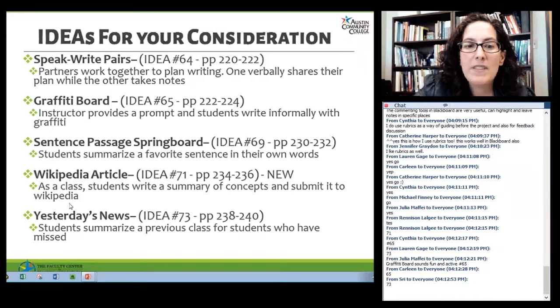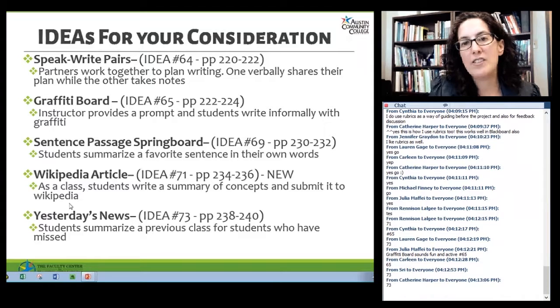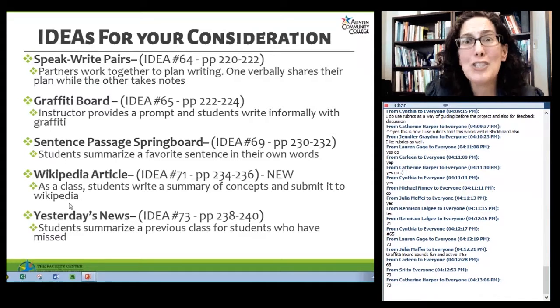Wikipedia article. This is a new one this semester. I picked it because you can actually get students to understand how to write well and provide good information, strangely enough, if you use Wikipedia as an example.